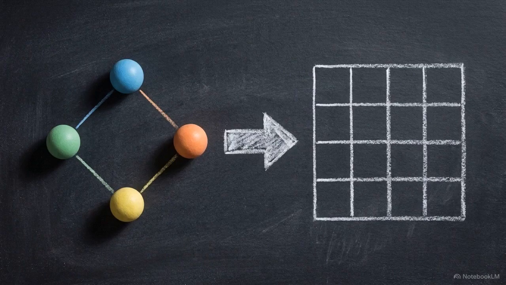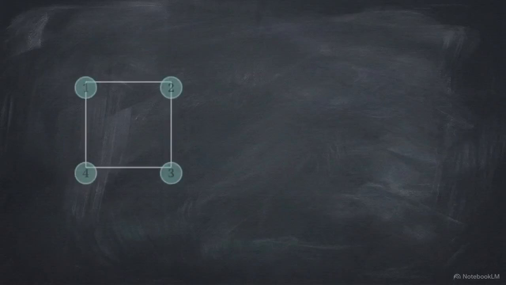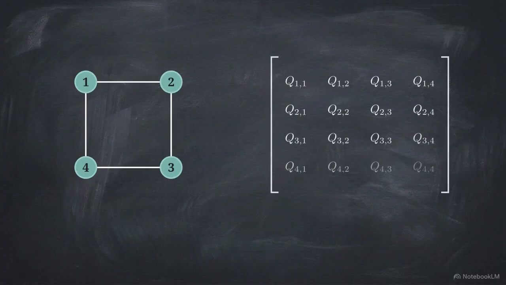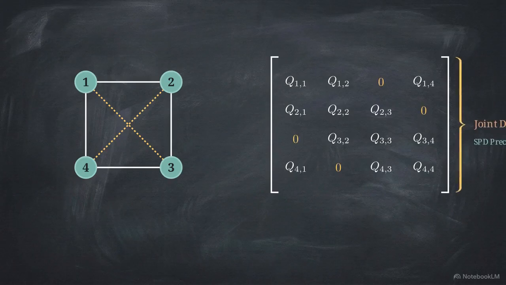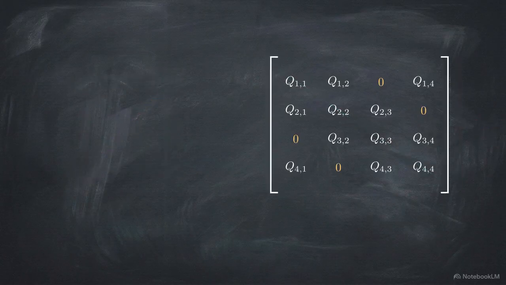That graph structure translates directly into a statistical precision matrix, which we label as Q. If we map a 4-node graph into a 4x4 matrix, the conditionally independent pairs Q13, Q31, Q24, and Q42 populate as exact zeros. According to Theorem 12.1, the joint distribution is parameterized by a symmetric positive definite precision matrix. The zero entries dictate the conditional independence.